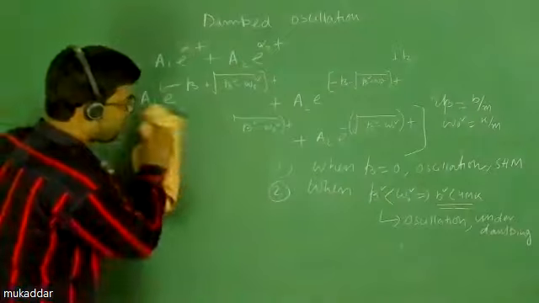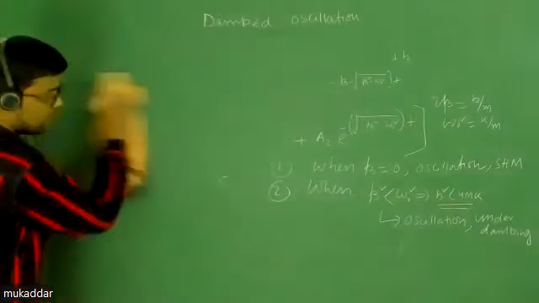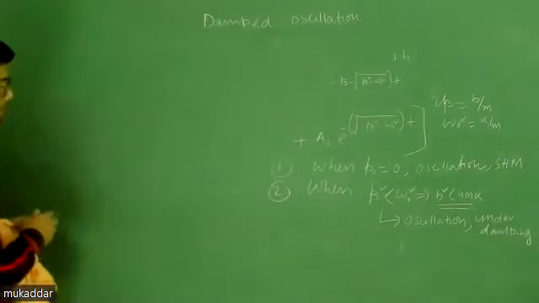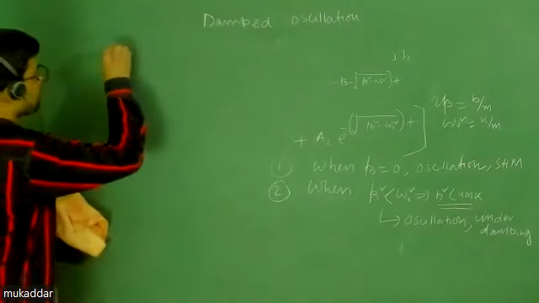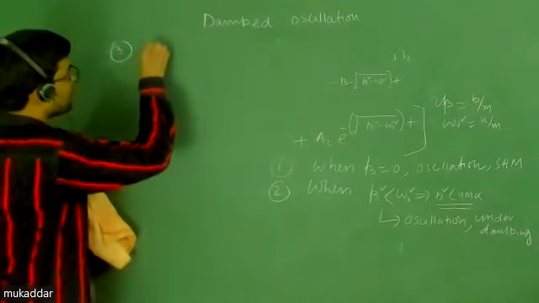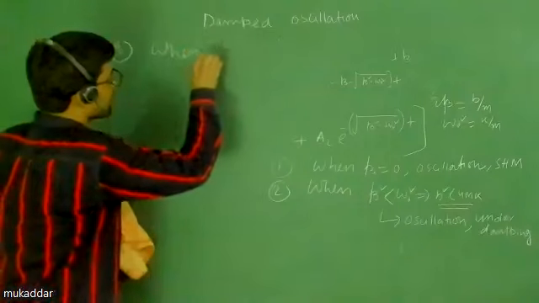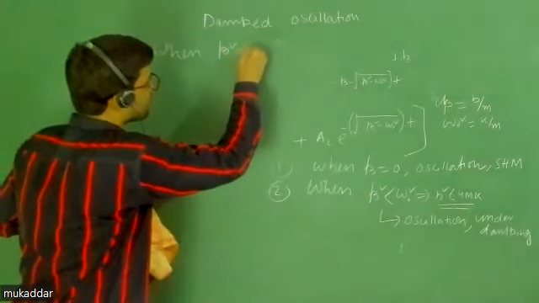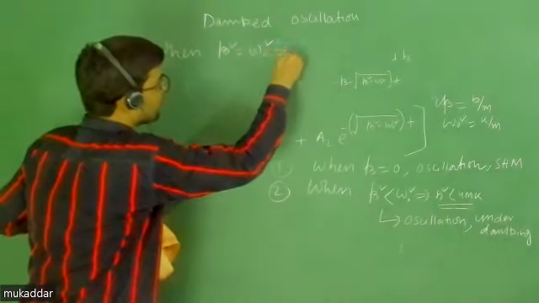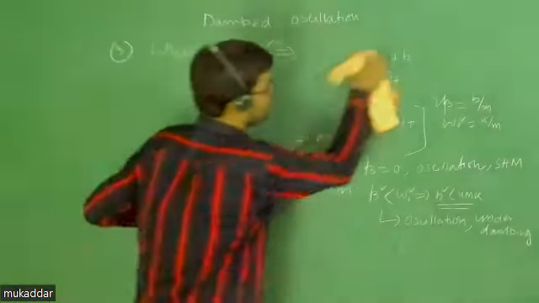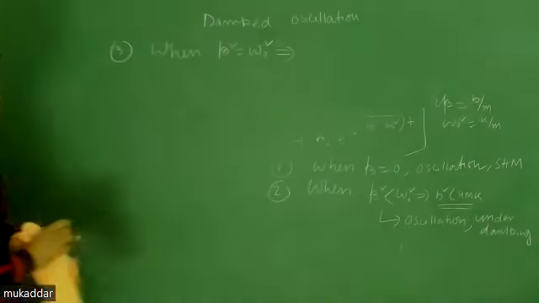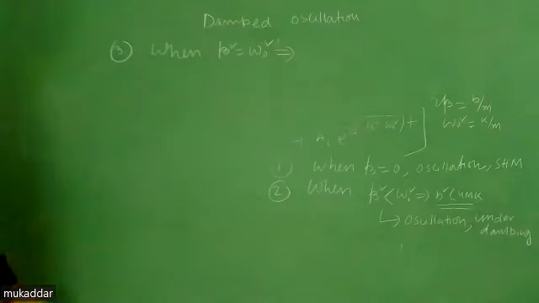Then you have a third case. What is the third case? When beta square equals omega naught square, which implies in terms of drag coefficient की form में क्या आ जाएगा?